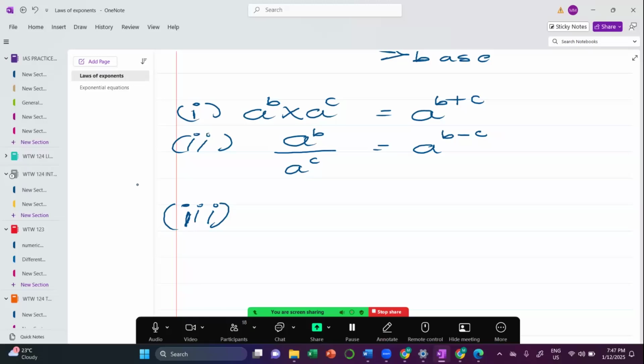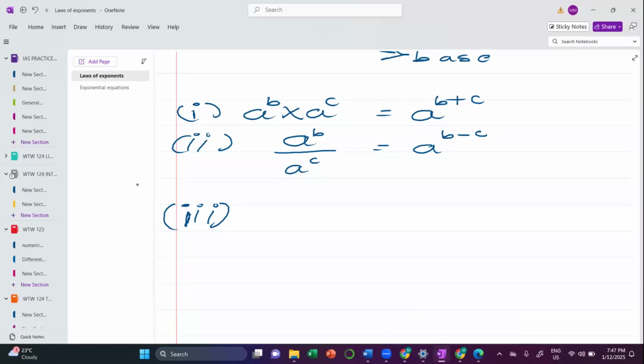So we just spoke of multiplying and dividing. Now I'm going to introduce a trick. Let's say I have a base raised to a negative exponent, let's say b.